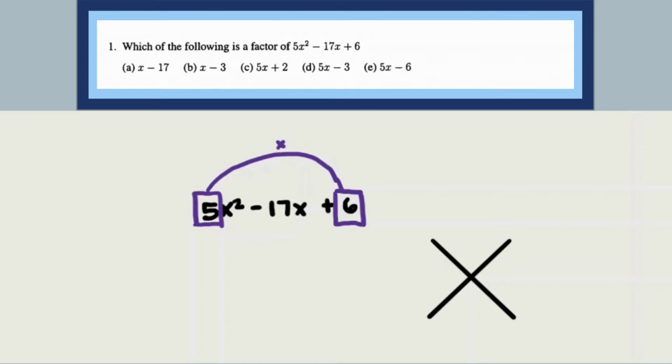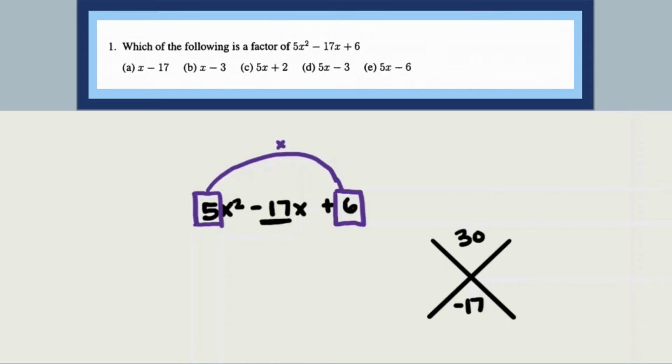We take their product, 5 times 6, which is 30, and put it at the top of our x. At the bottom of our x, we just put our middle coefficient, which is negative 17. Once we do this, we find two numbers that multiply to give us the top, which is 30, and add to give us negative 17, the bottom.